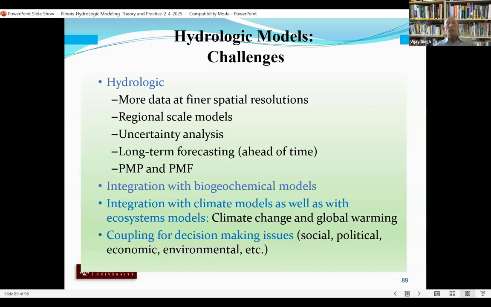And the question which is still nagging is long-term forecasting. And also, we still really don't have a satisfactory handle on probable maximum precipitation. We don't even know how to properly define it. Then, of course, these models have to be integrated with biogeochemical models, climate models, coupled systems, and so on.